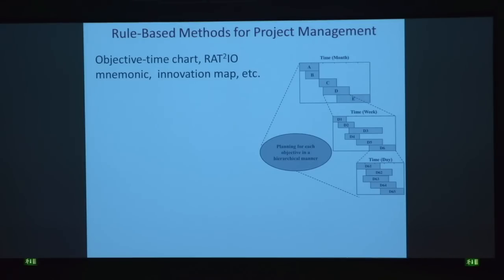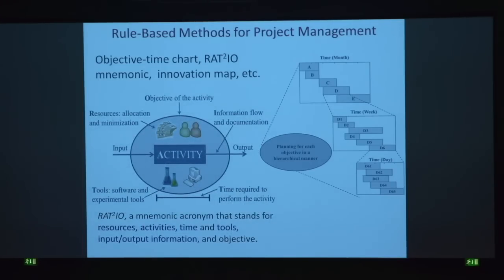This is the so-called objective time chart. At the top, we have the overall objective, and as you can see, the objective is divided into sub-objectives and then into sub-sub-objectives. Each box in this Gantt chart or objective time chart has different elements in it.